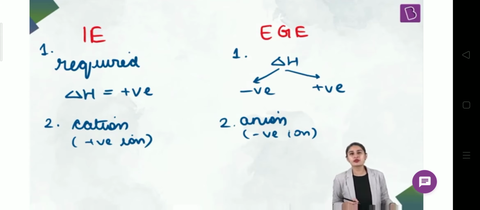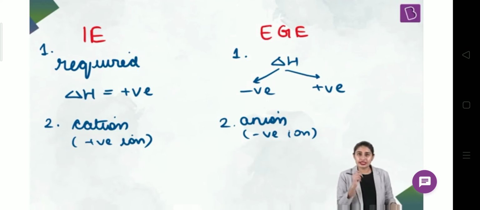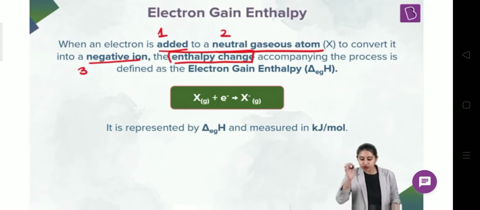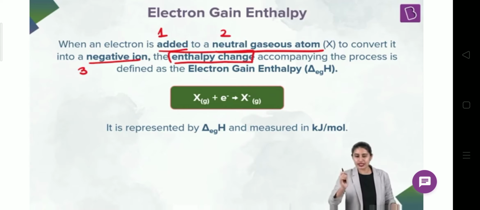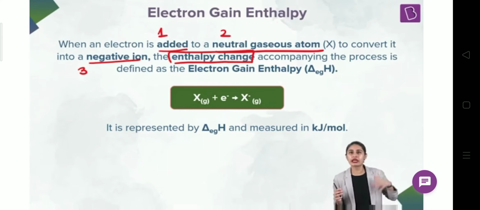Also, you remember in ionization energy the same term came, the neutral gaseous atom or isolated gaseous atom. You remember? Because we do not want addition of various energies together. Here also the same term has been used, the isolated gaseous atom, or you can say neutral gaseous atom. No association is wanted of any other energy with the particular energy that we are talking about.